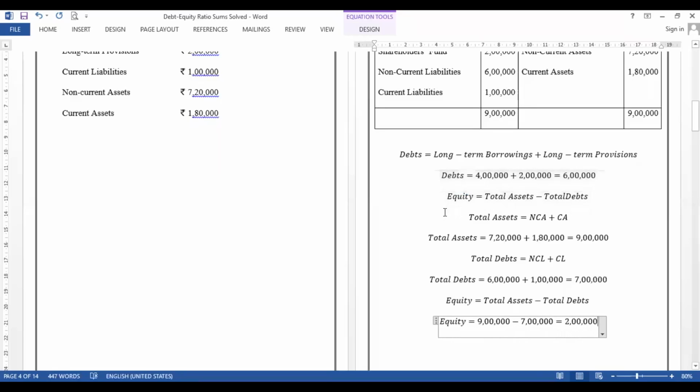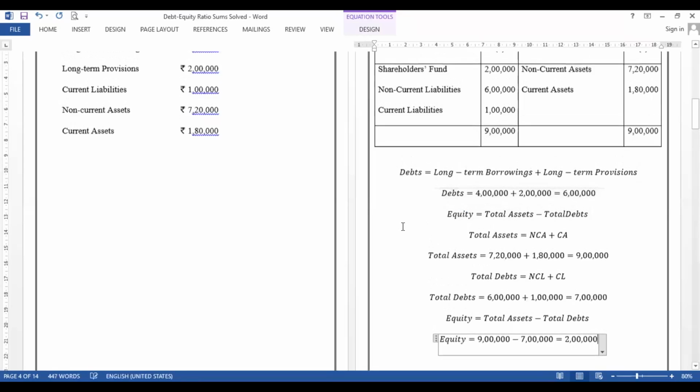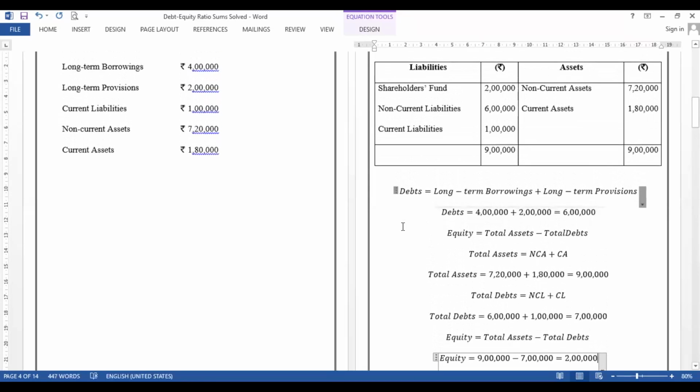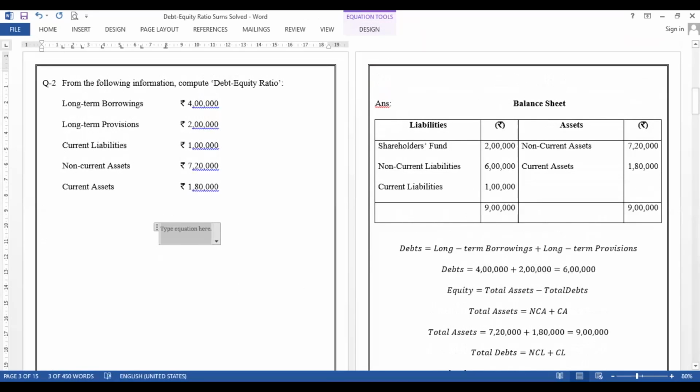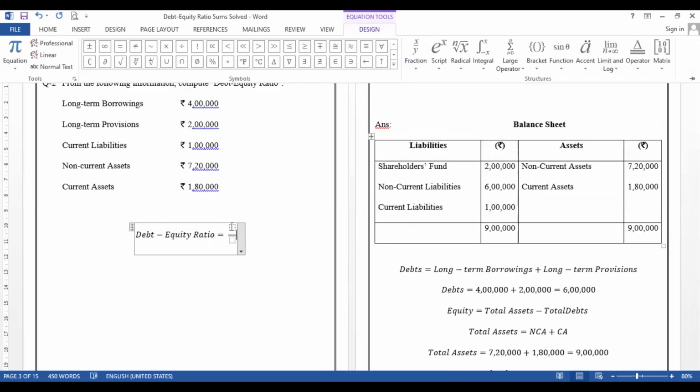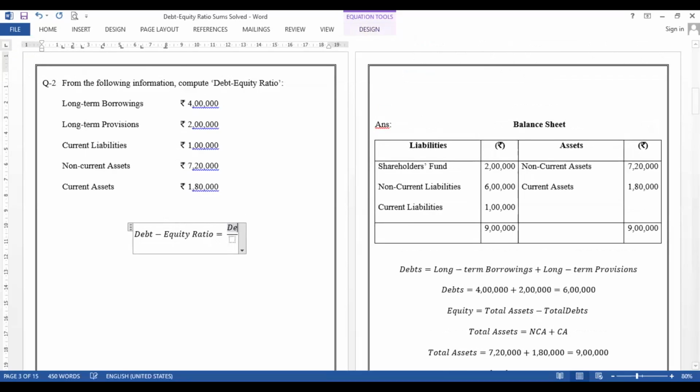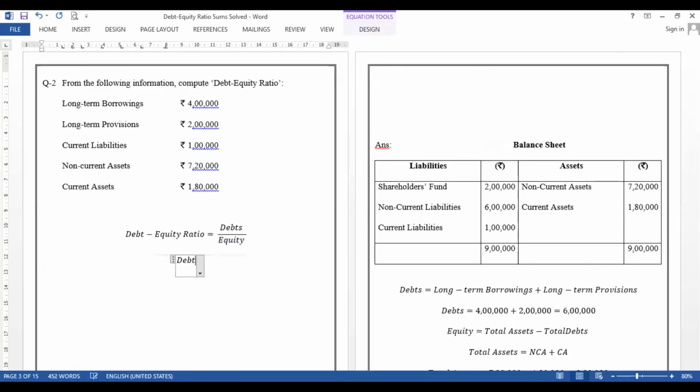Okay. Now once we are done with the contents of debts and equity, let us write the formula for the debt equity ratio. The debt equity ratio will be equal to debts upon equity. Debts refers to long-term debts and long-term provisions together, and let us place the values over here now.